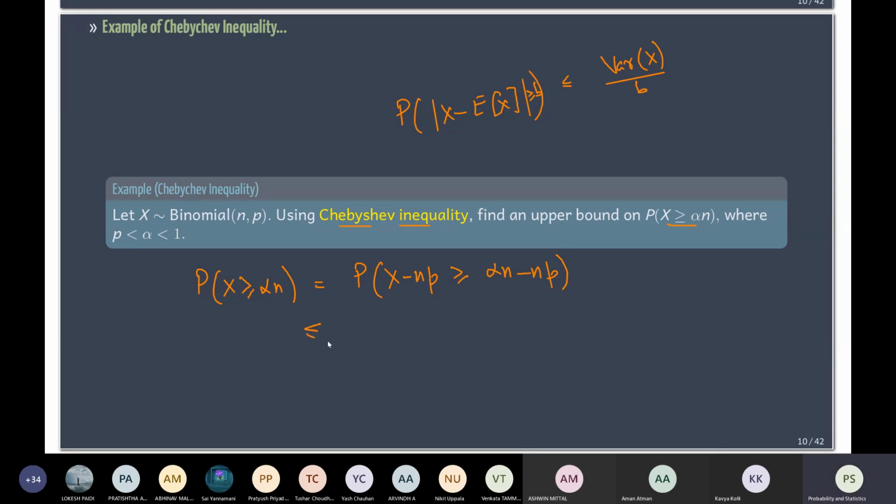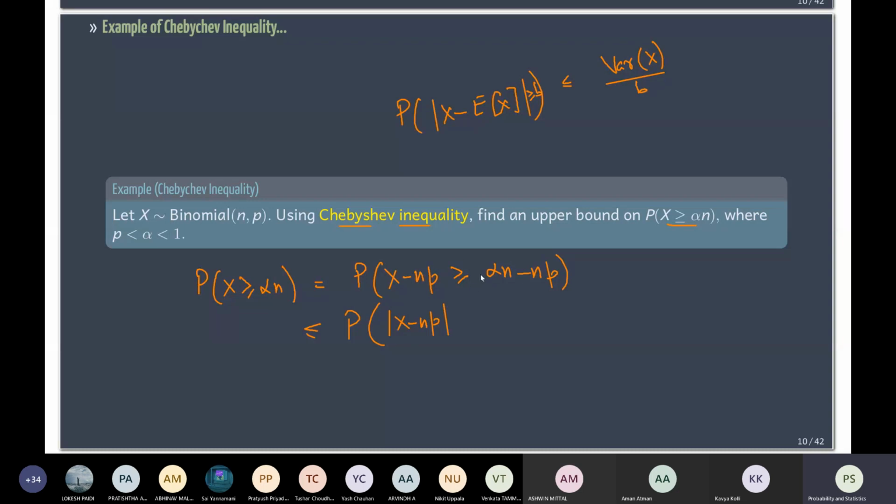So this will be less than or equal to, now if I change this to mod, then it will give me more possibilities. In other words, I am going to enlarge this probability. If I use the mod of X minus np, I'm essentially going to increase it, because I am increasing my sample space.